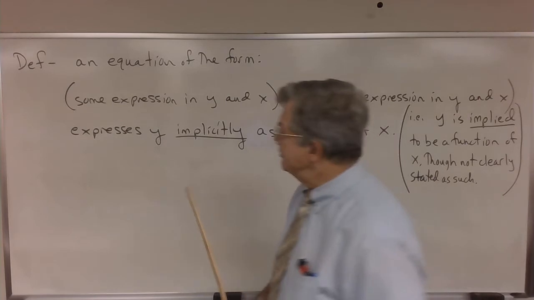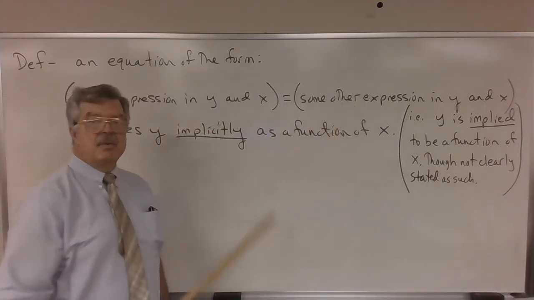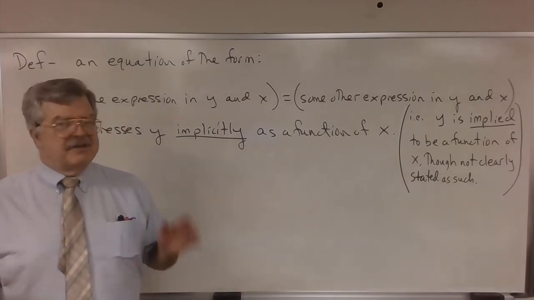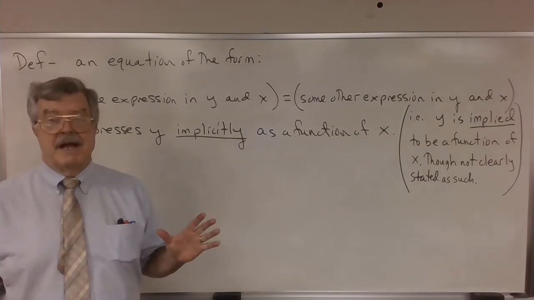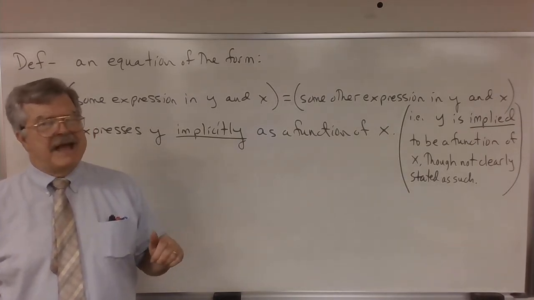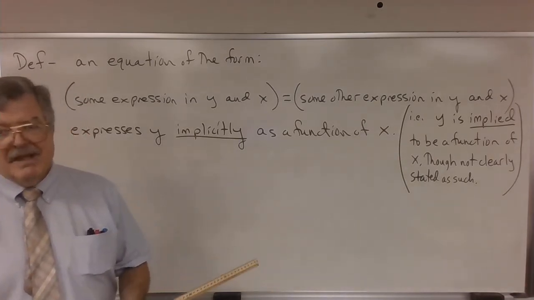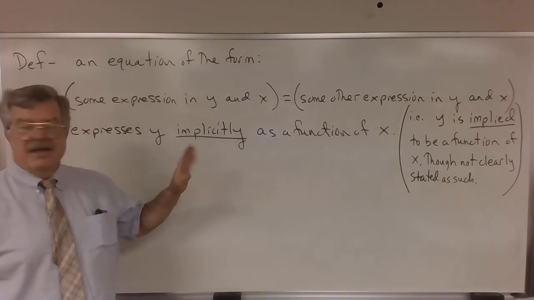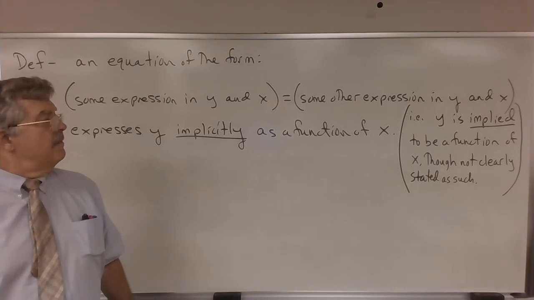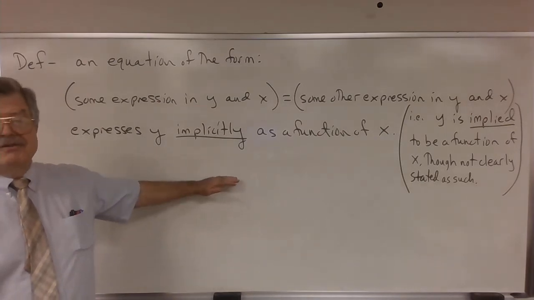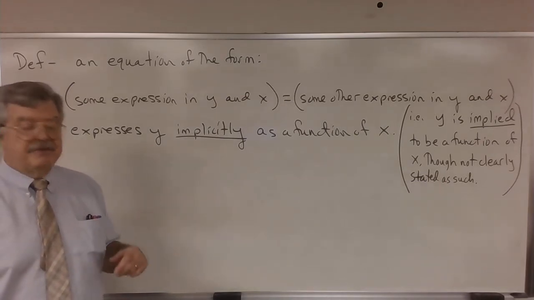I guess that makes sense. We have an equation that has both x and y in it, so there's got to be some kind of relationship between them. They're related somehow, but it's not stated in such a way that we can see clearly what that relationship is.